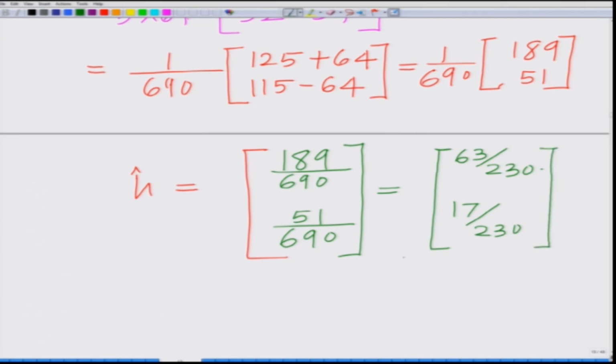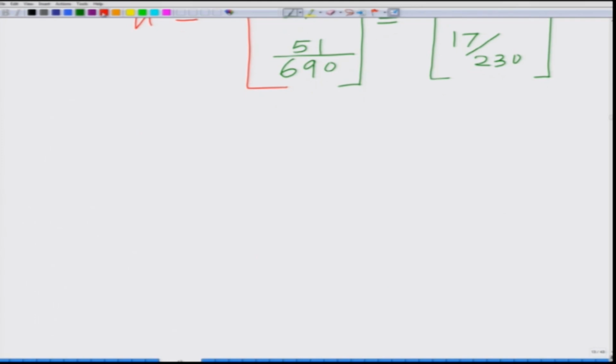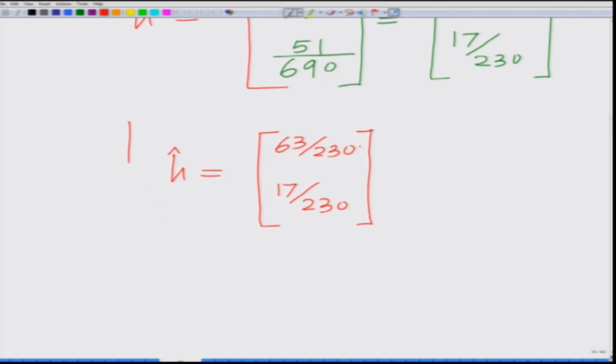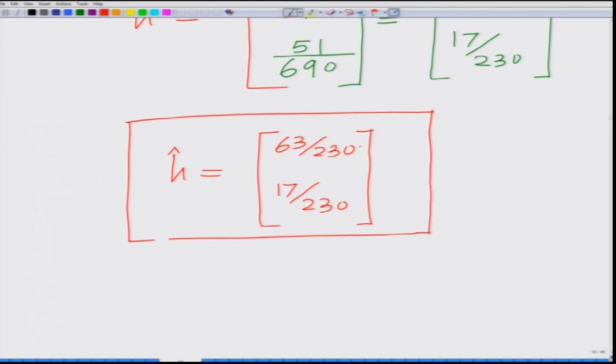Therefore, the net LMMSE estimate h hat equals 63 divided by 230, 17 divided by 230. It is more complicated to compute than the simple least squares estimate, people will realize, because of the complicated nature of the expression for the LMMSE estimate.